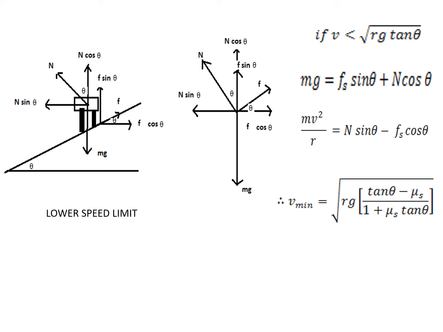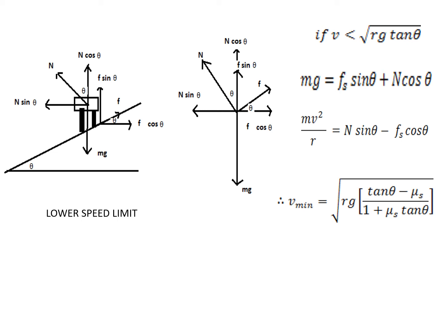So here, in the above figure, you can see that the frictional force is acting in an upward direction towards the outer edge of the road. This force of friction gets resolved into its components as f cos theta and f sin theta. The component f sin theta is along the component n cos theta, and f cos theta is acting opposite to n sin theta.